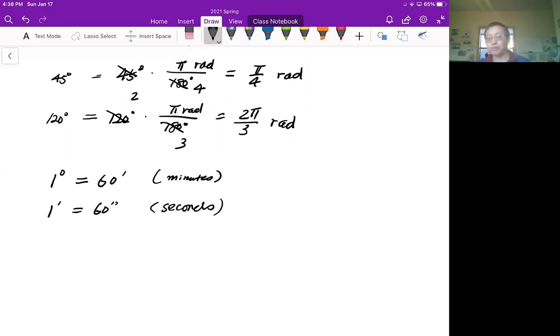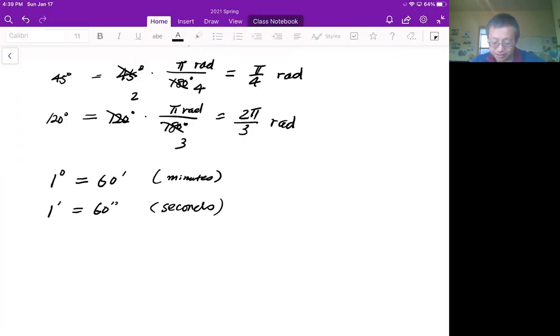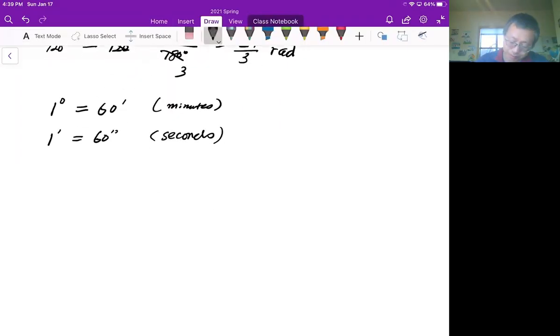So if you want to be more precise, 1 degree is equal to 60 minutes, and 1 minute is equal to 60 seconds. So for example, a question could be, I'll just make one up: 20 degrees 35 minutes and maybe 30 seconds. That's equal to how many degrees?